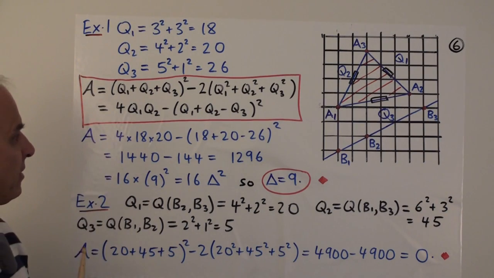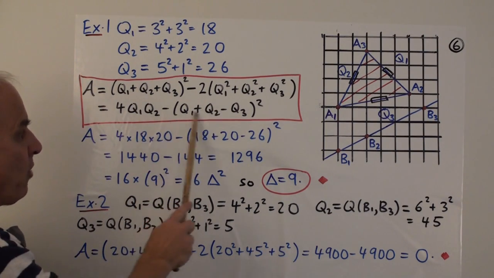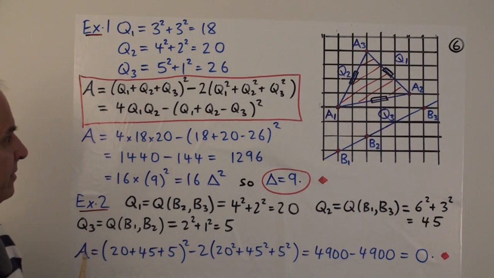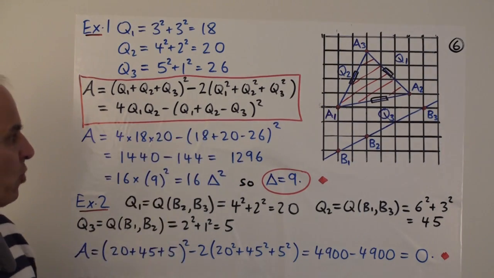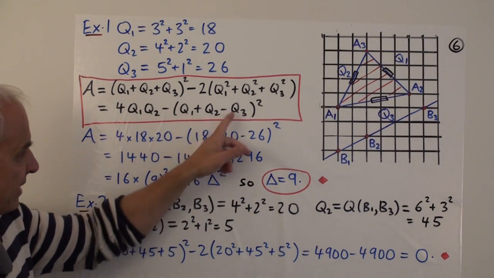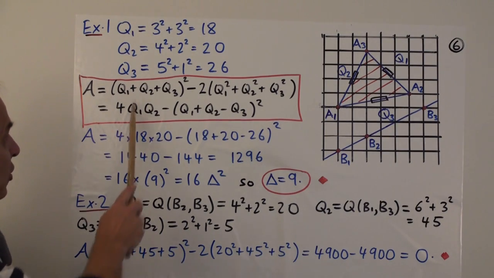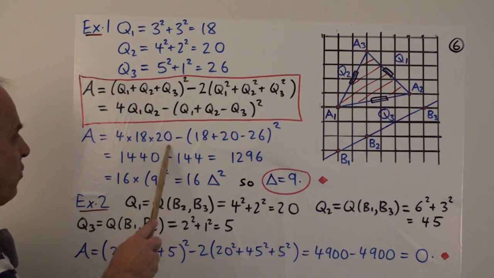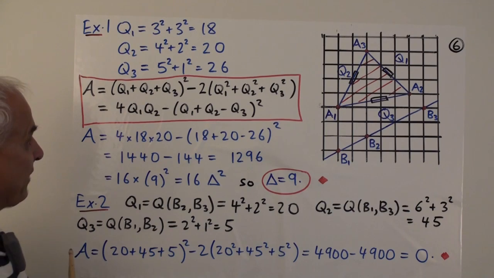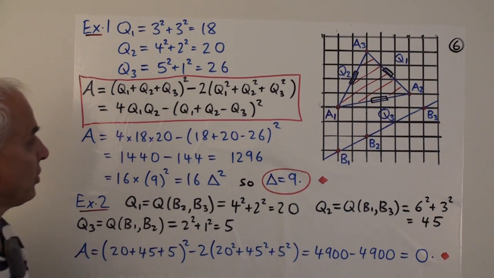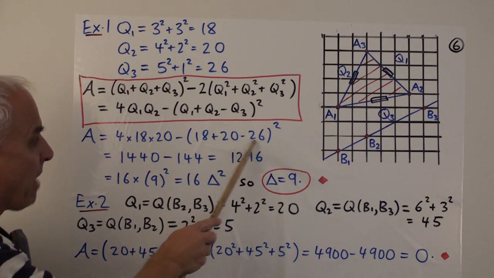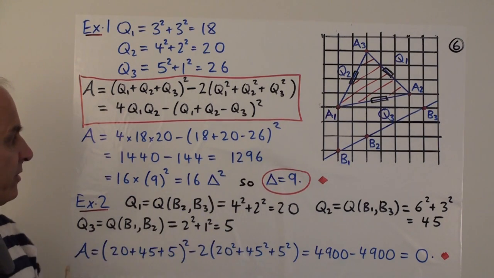The quadrea then is given by either one of these two expressions. We can use either one of them to calculate. I'm going to use this one, which is often a little bit simpler because it's shorter and there's often a little bit of cancellation in here. So Q1 times Q2, 18 times 20 times 4. And then we have to take the difference between these two added together and Q3: 18 plus 20 minus 26, and square it.